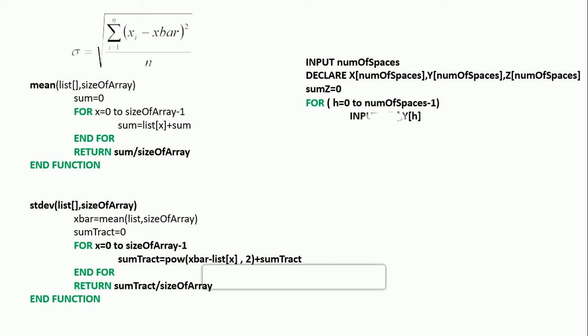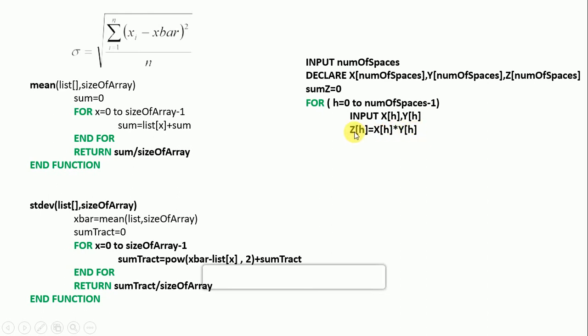And we loop from h equals 0 to number of spaces minus 1. And so we are going to take the values of x, we take the values of y, because we don't have them anywhere. When we take them, what we do next is z at h is going to be equal to the corresponding values of x and y at that very h, multiplying themselves.